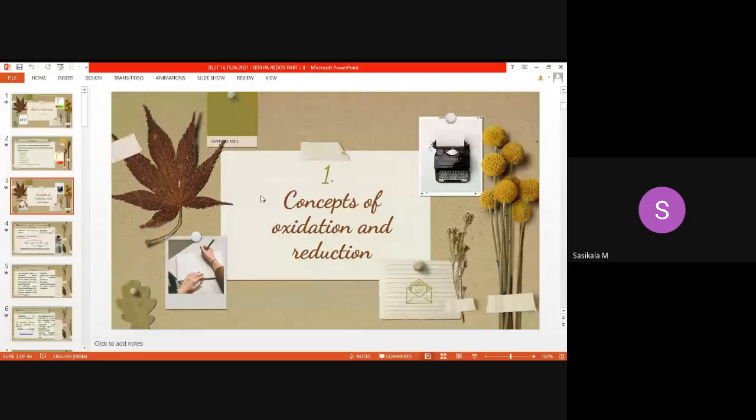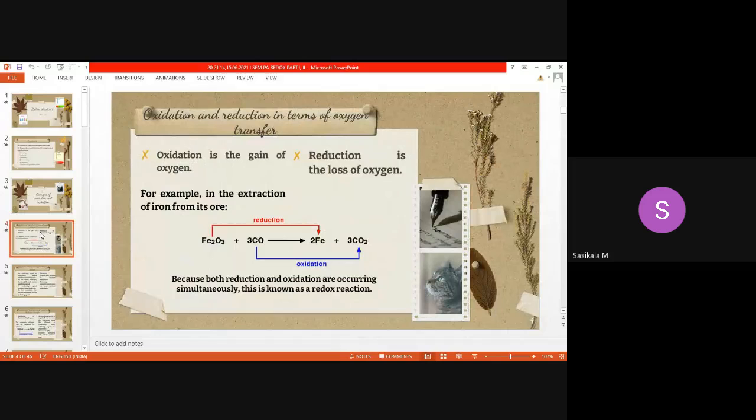What are the concepts behind oxidation and reduction? There are three kinds of concepts explained for the oxidation and reduction process. The first two come under the classical concepts of oxidation and reduction.